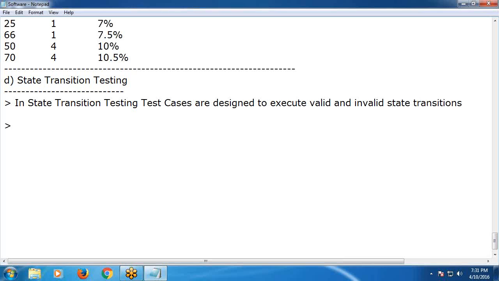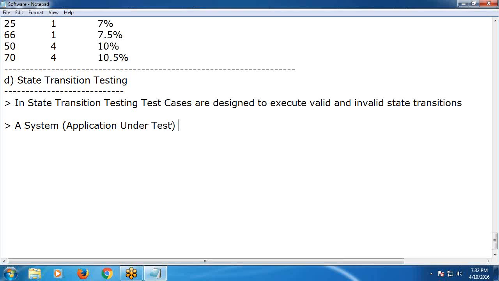I'll show the example, then you can get more clarity. A system, here system means AUT, application under test.